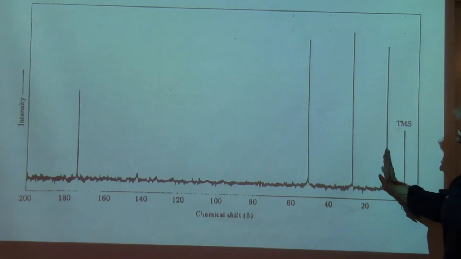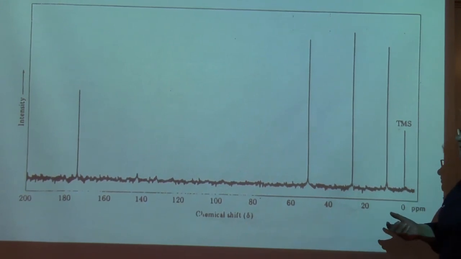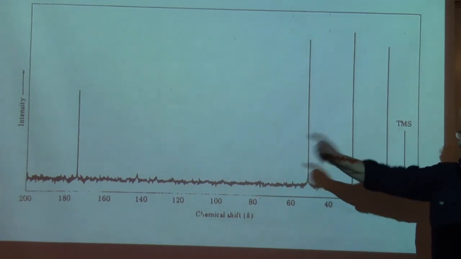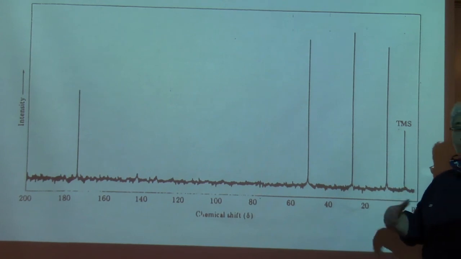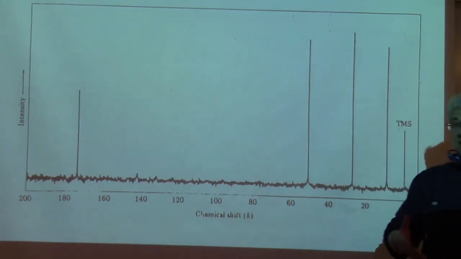So remember, in carbon we get single peaks, and the chemical shift can give us an indication of what type of carbon that might be. The other piece of information we get from a carbon spectrum is simply how many peaks we see. For this molecule, we see 1, 2, 3, 4 peaks. And so we would know that there are 4 different types of carbons in this molecule.